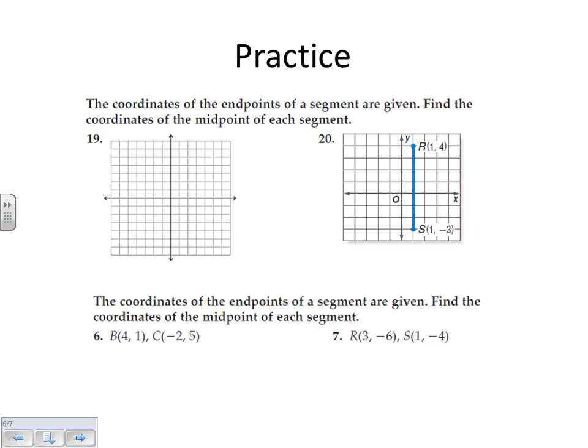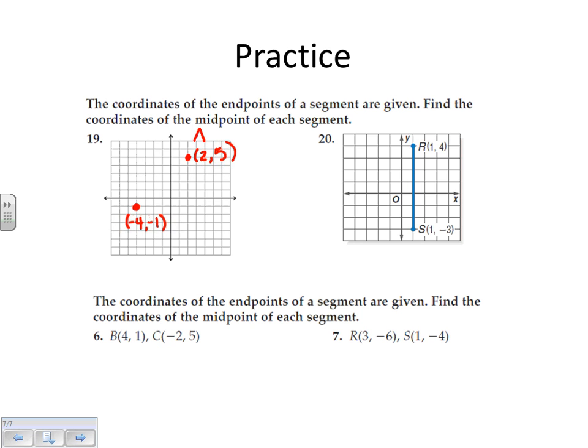All right. Here's your practice problems. I'd like you to try these as best you can, and when we meet next, we will go over them. Oh, I didn't put one in for 19. Okay, so here we've got the point (-4, -1) and let's do this point here, (2, 5).